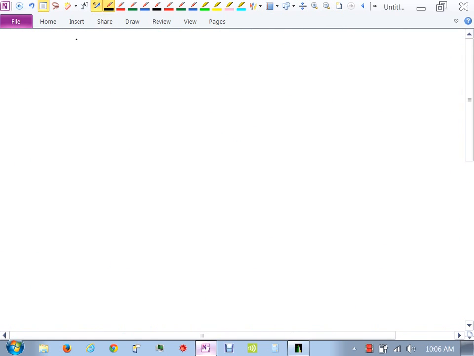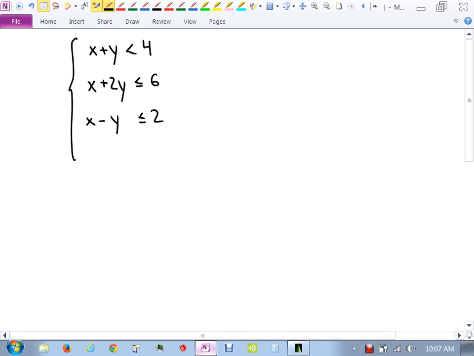So we have this system, and x plus y. Let's change this problem just by making this one less than 4 instead of less than or equal to. Just so you can see an example of what I'm talking about. X plus 2y, we'll keep that less than or equal to 6. Next one, x minus y, less than or equal to 2.